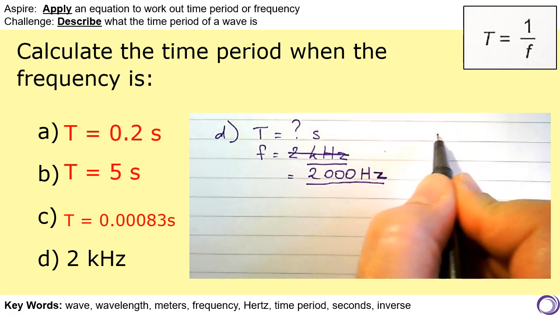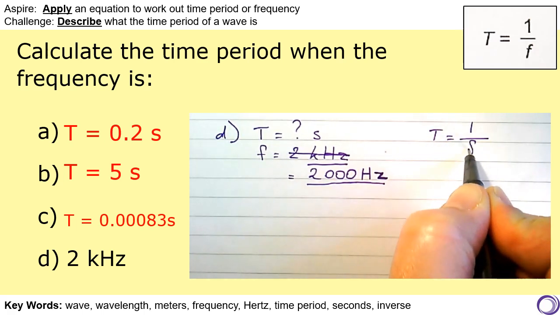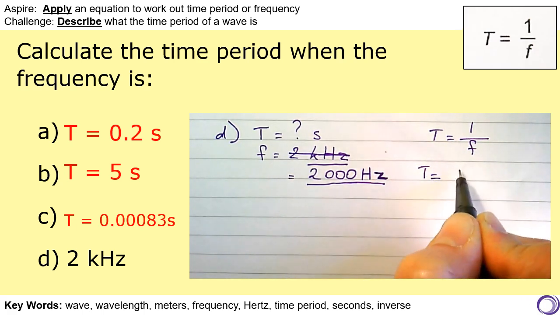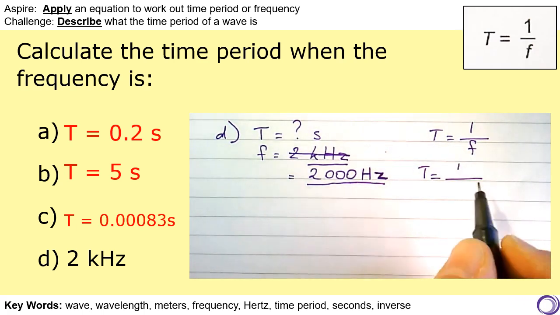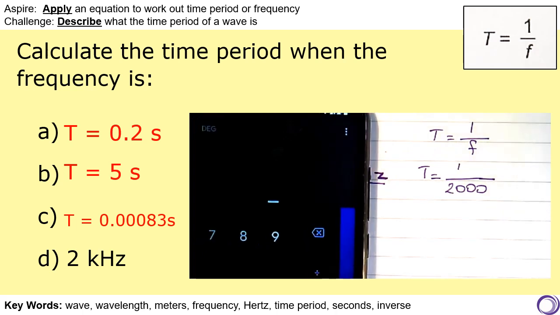So let's write our equation now. Time period equals 1 divided by frequency. Let's substitute. T equals 1 divided by 2,000. I get my calculator.